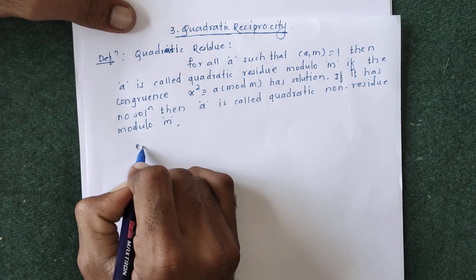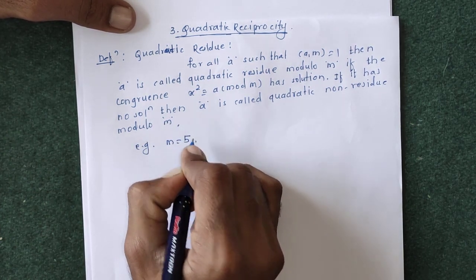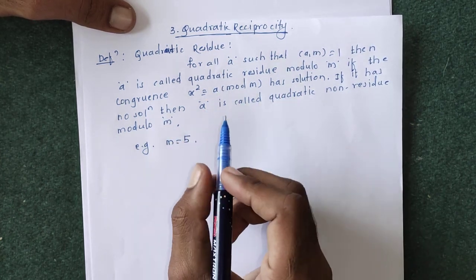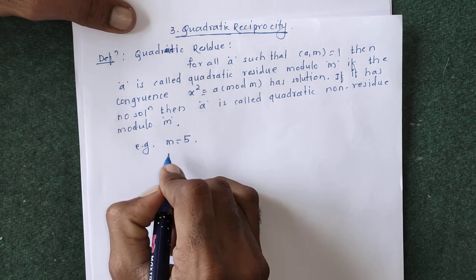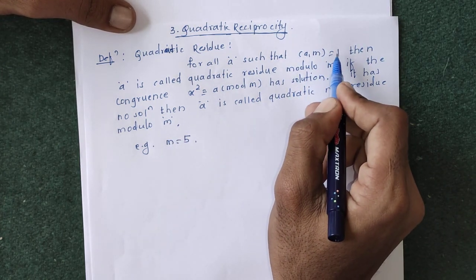So for example, suppose m is equal to 5, then we will find the quadratic residues and quadratic non-residues under modulo 5. To find them, we must find the numbers which are relatively prime to m.